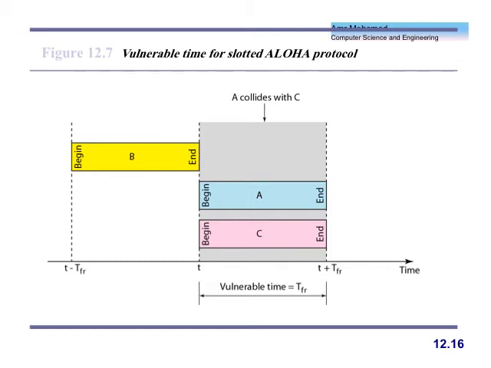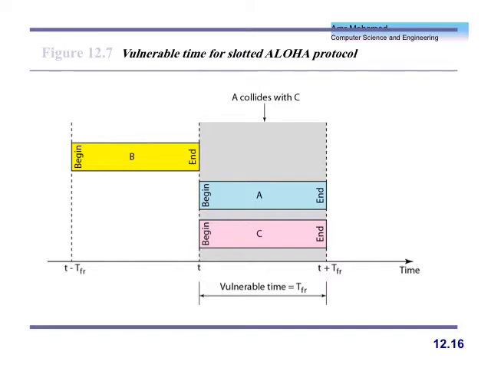And that's why the vulnerable time in that case is not twice the transmission time. It's exactly the transmission time, because the collision will happen only if I send within this time slot. And for me to be able to send within this time slot, I have to have the frame available before that time.